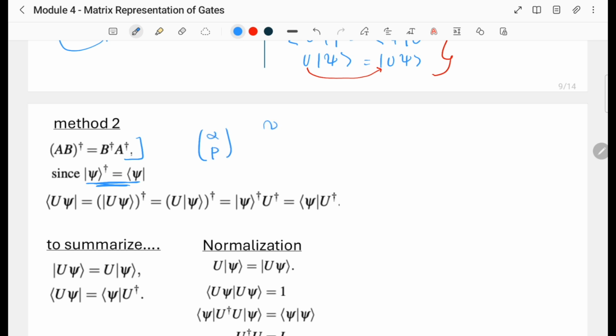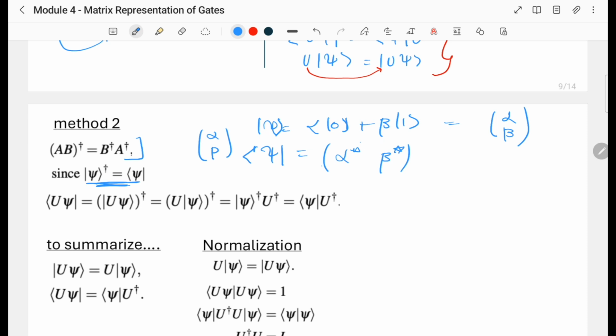Let's say our state psi is equal to alpha 0 plus beta 1. This is our ket vector. If we take the bra vector of this, it will simply be the conjugate transpose of this. So let me just write the matrix part effectively. This would be alpha star and beta star, right?